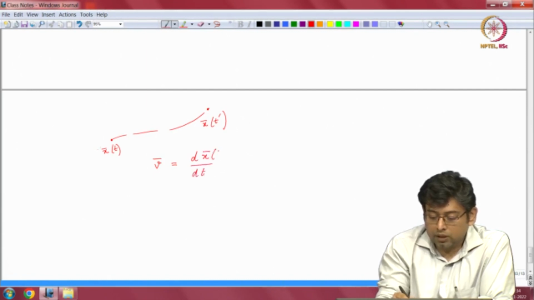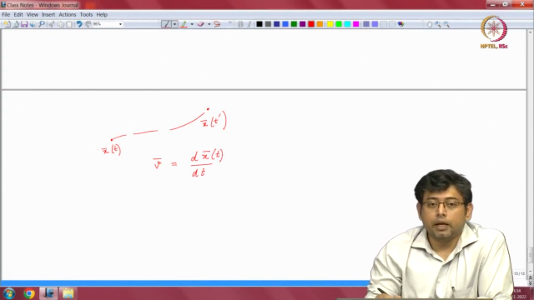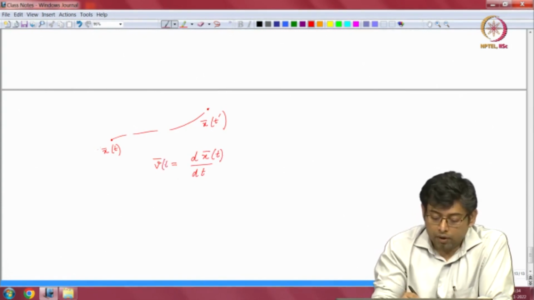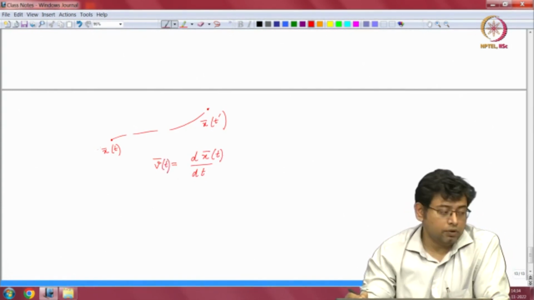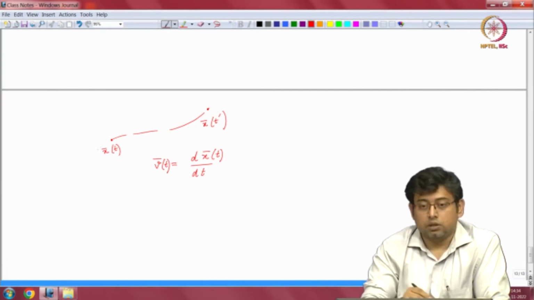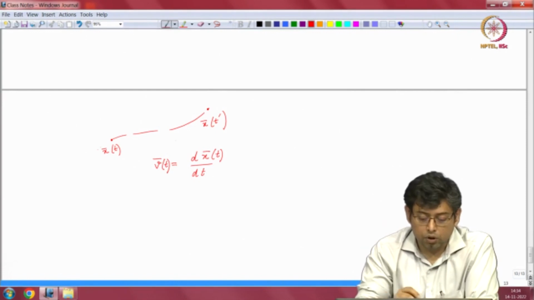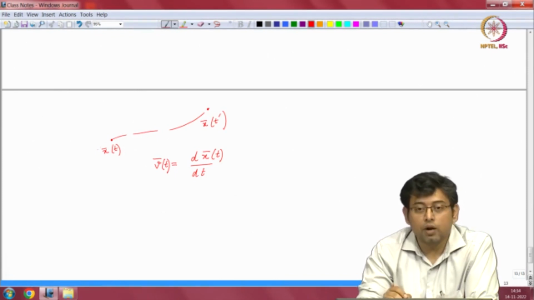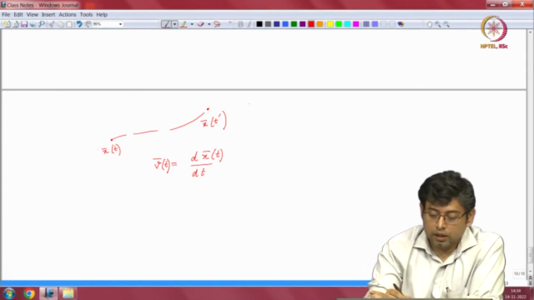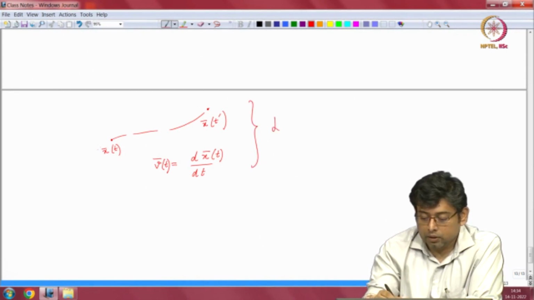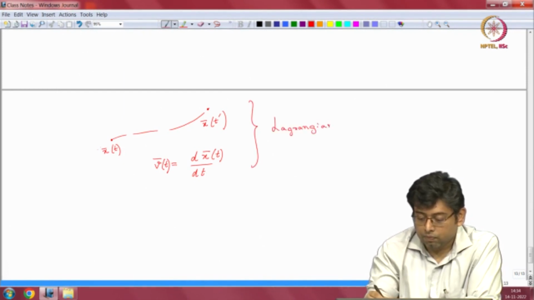So, my x is a function of time, I take a derivative with respect to time, and I get a velocity which is also a function of time in general. This is just the way we do dynamics. So, you basically take a packet of material and you follow it as it goes from one location to the other. This is also called the Lagrangian view.